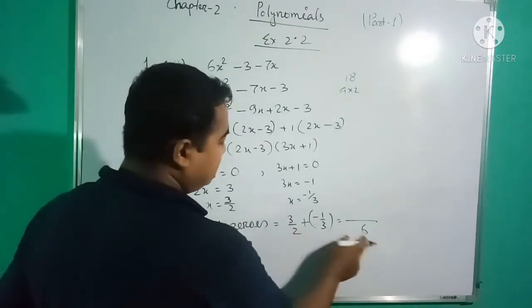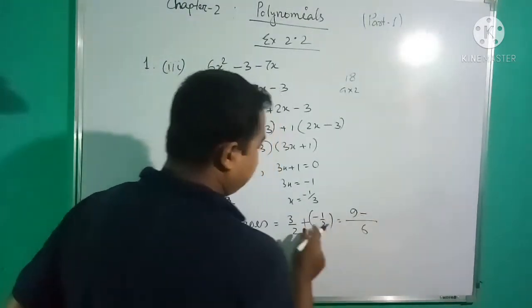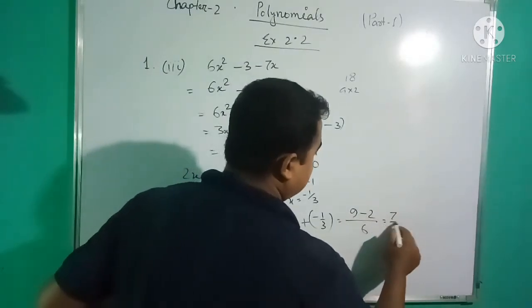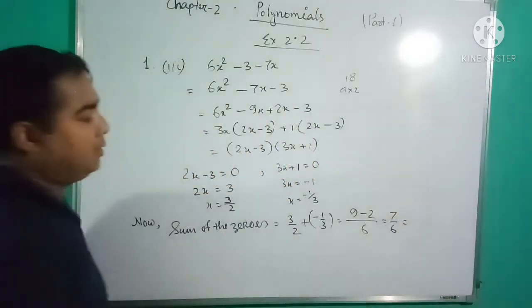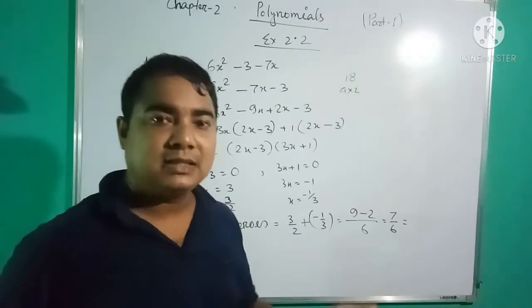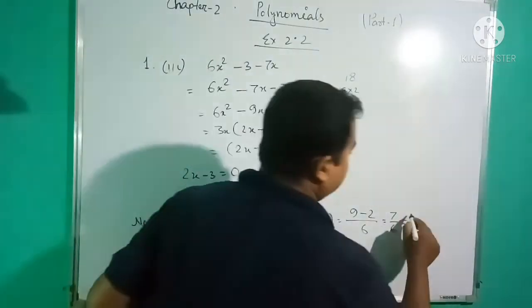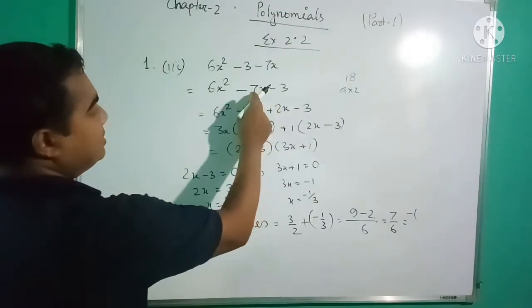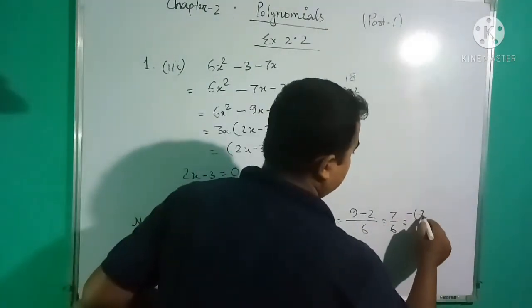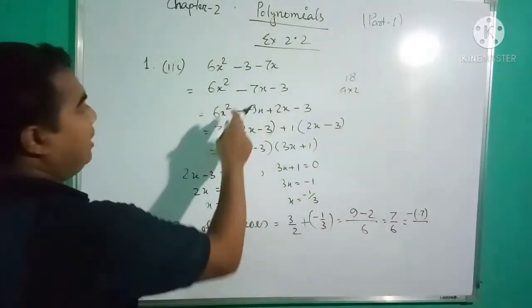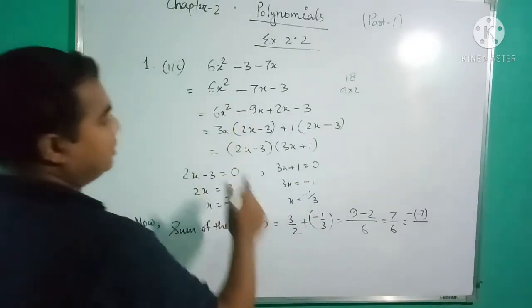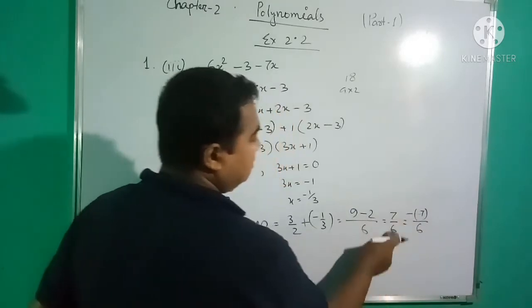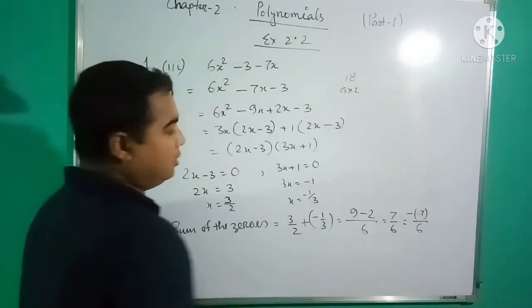Then 2 3 times is 6, 3 times 3 is 9, minus 2, then 7 by 6, and according to the formula minus b by a. Then minus b value, see here b value is minus 7, so write minus of minus 7, and a means coefficient of x square, that is 6. Now see, minus minus plus 7 by 6, same answer, right?